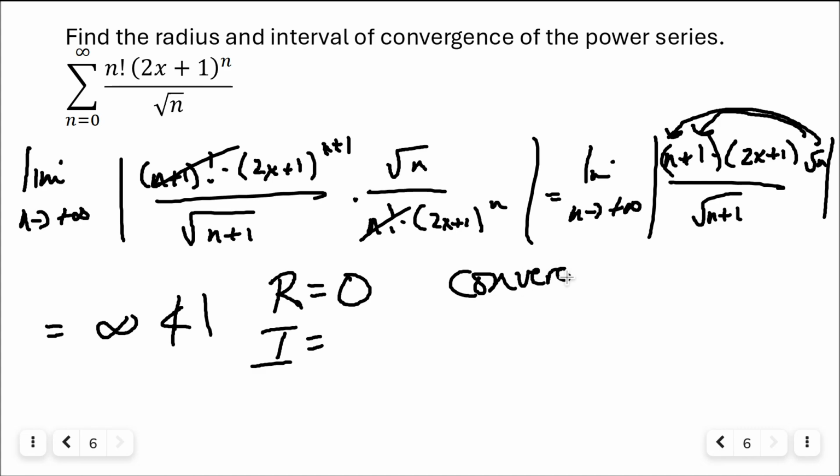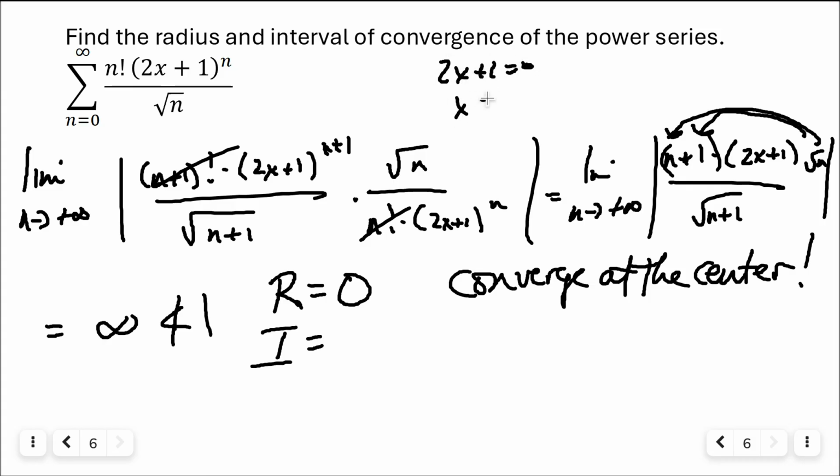This thing will converge at the center. Remember, any power series will converge at the center, no matter what. So the center, 2x plus 1, if I just take 2x plus 1, set it equal to 0 and solve, I get negative 1/2.